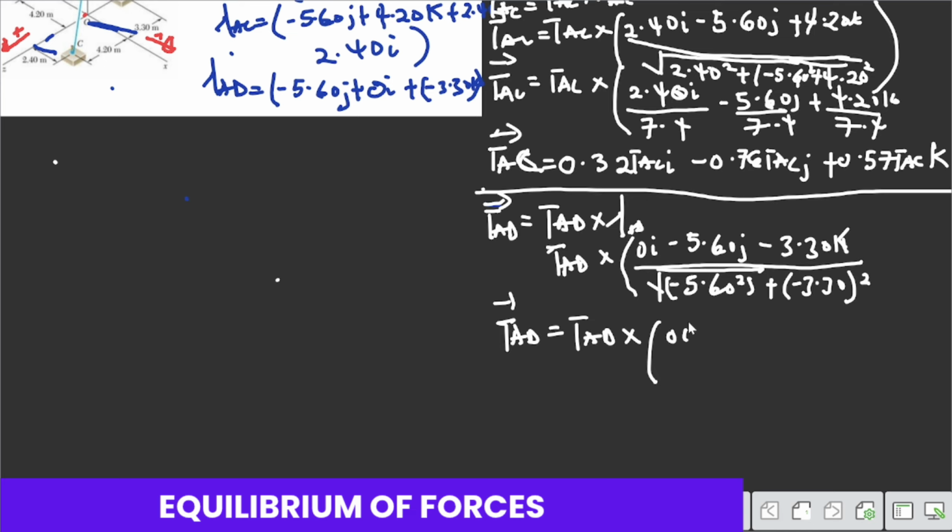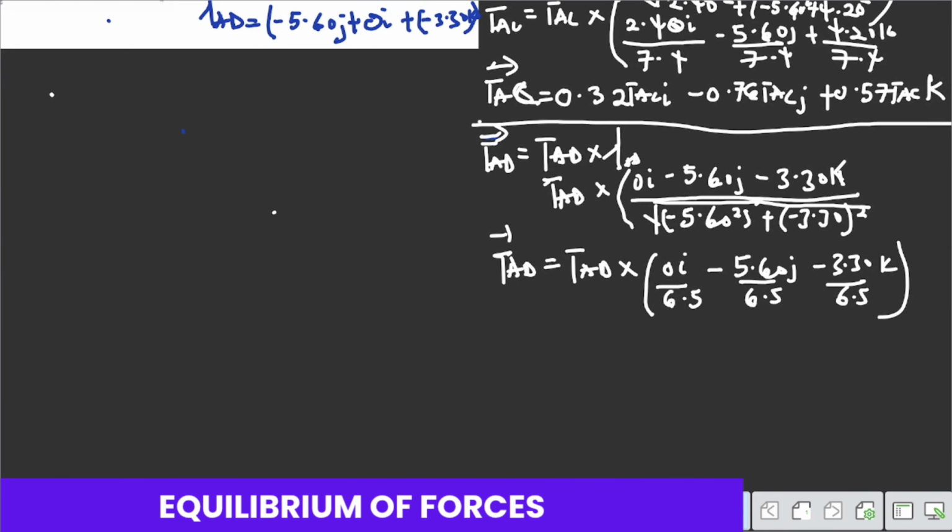If it's 0, the whole of the magnitude of this equation is equal to 6.5. Then minus 5.60 on 6.5 J, then minus 3.30 on 6.5 K here. Now once we are done with this, we can easily multiply them together.